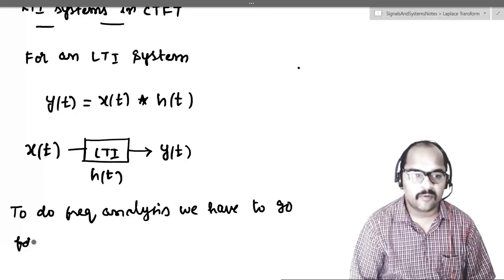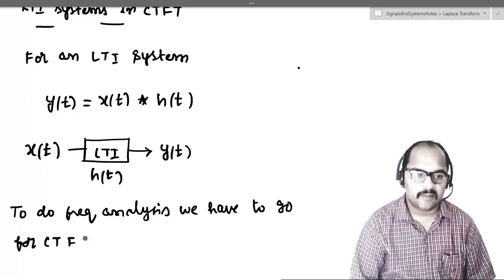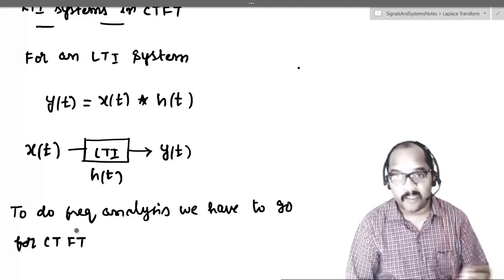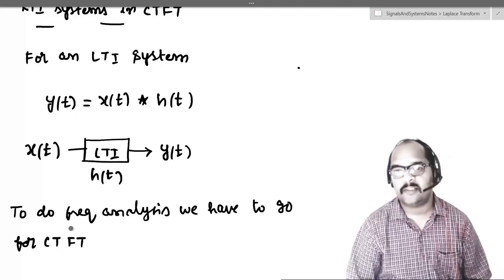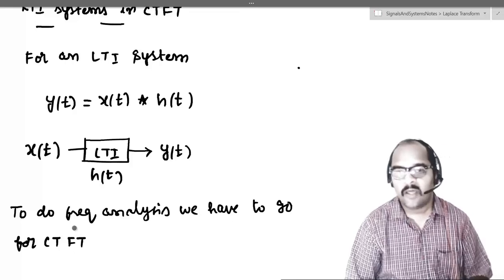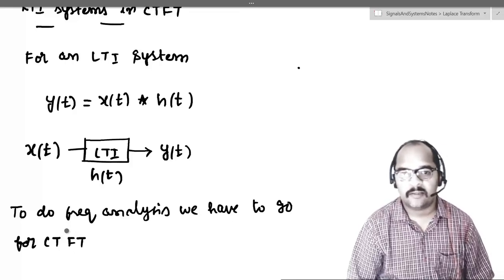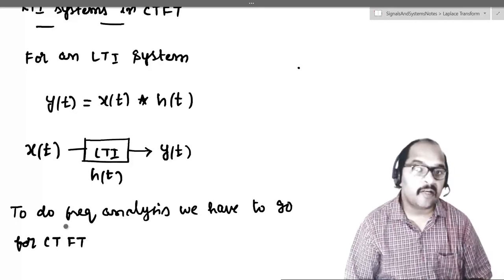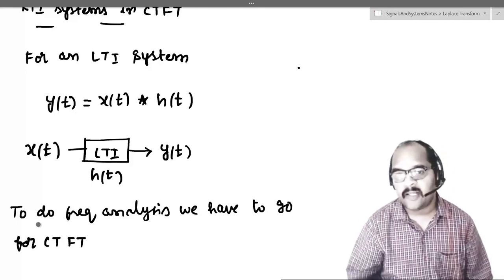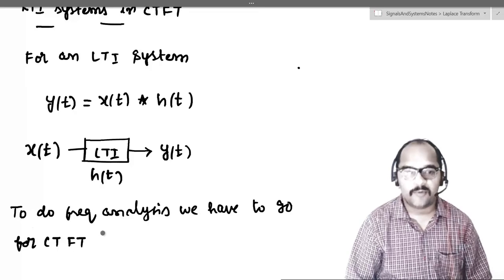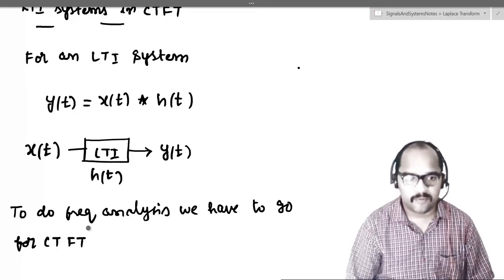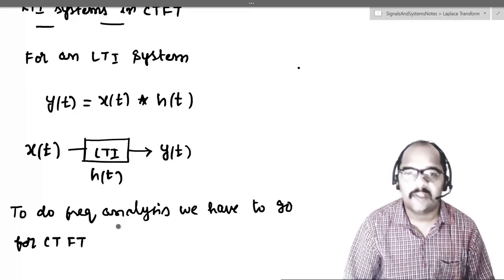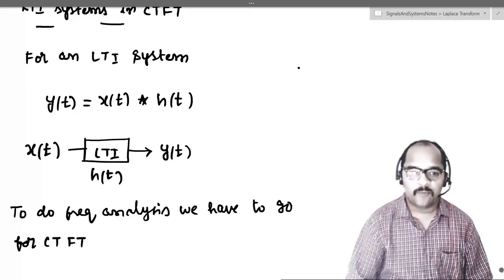What frequencies are passed through the system, and what frequencies are not? To understand that, we should know the frequency content of a signal. How do you get it? By taking the Fourier transform. That's the reason to do frequency analysis we use the continuous time Fourier transform.